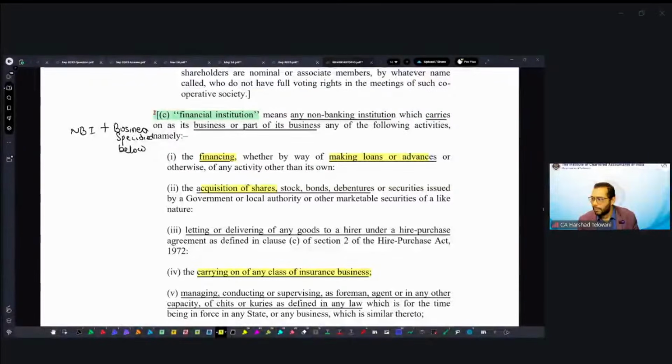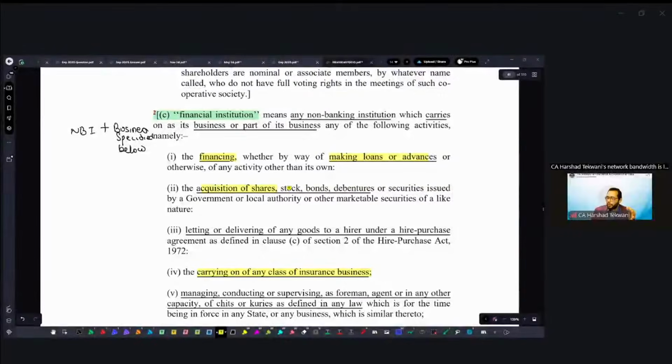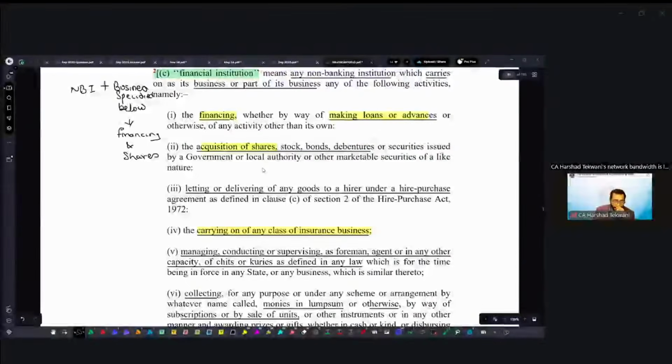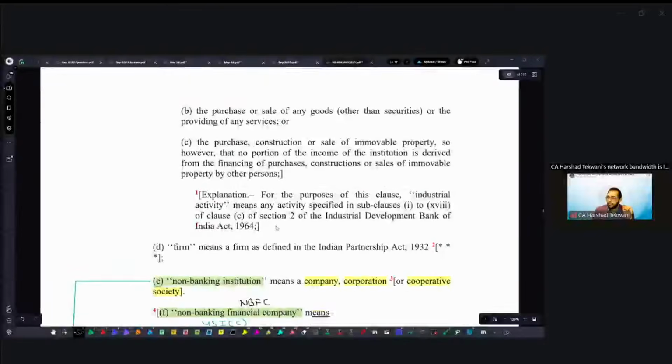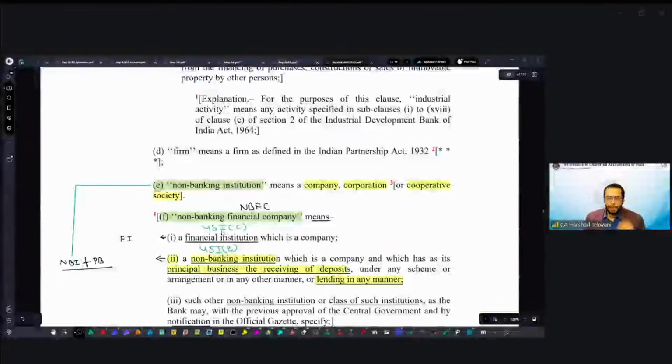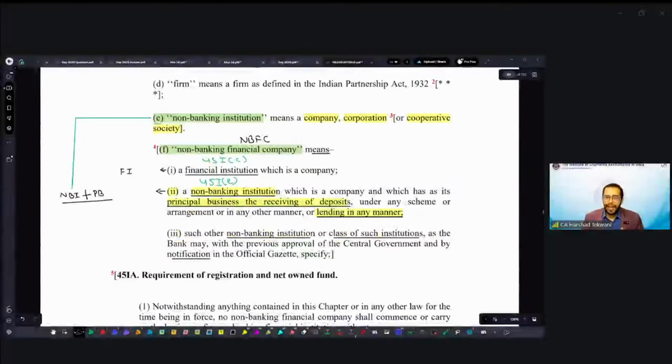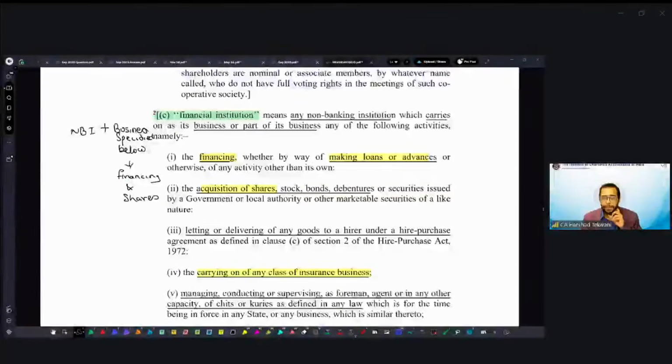Now we need to understand something very important over here. We need to understand one more part before we fully understand a non-banking financial company. See, there is a registration requirement under 45-IA. But that registration requirement is not only applicable to a non-banking financial company. Let's read 45-IA for the time being. What does 45-IA say?